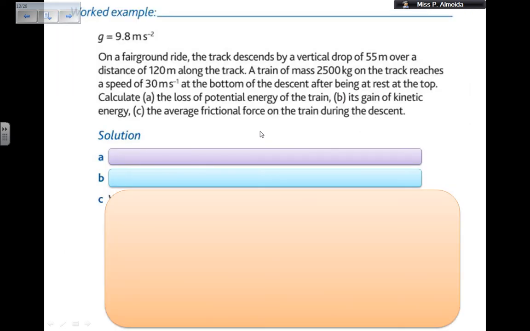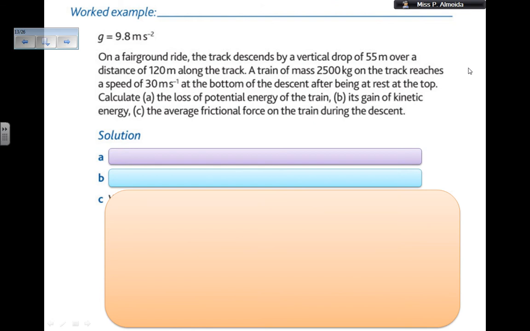Now let's just do an exercise involving all these things, okay? And again, this is not mine. The PowerPoint is mine, but the exercise is from AQA, all right? So they say there's a fairground ride, and they have a track going down by a vertical drop of 55 meters, and this is over a distance of 120 meters along the track. They give you the mass of the train, 2,500 kilograms.